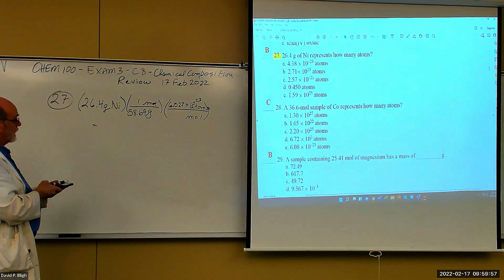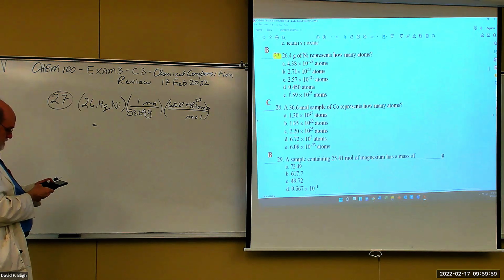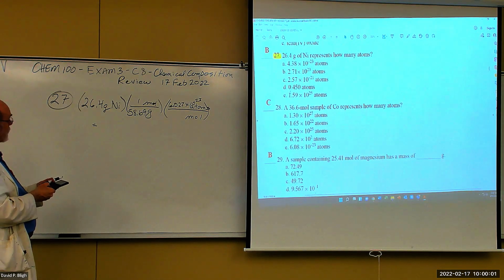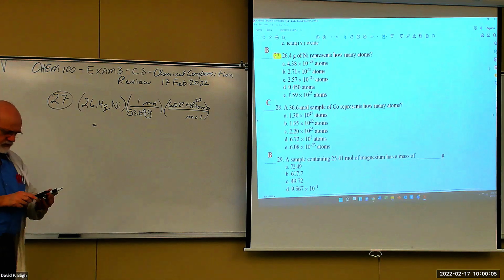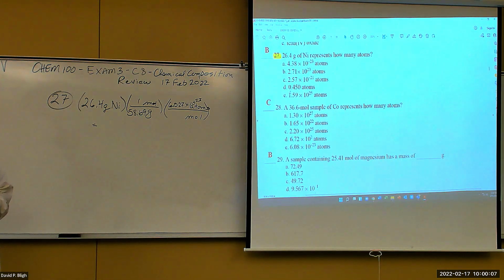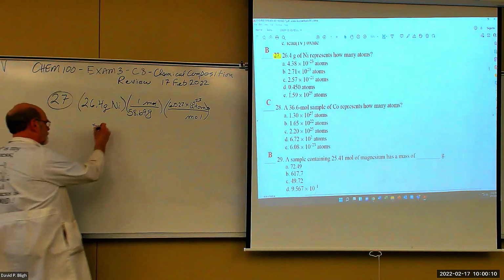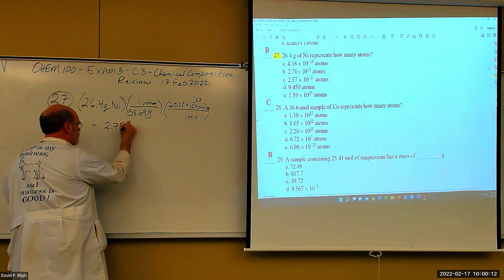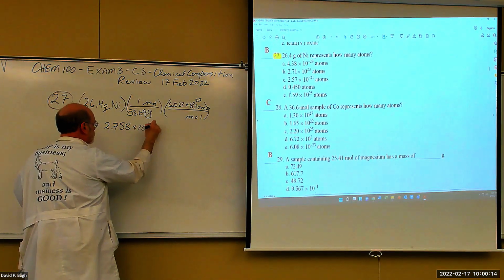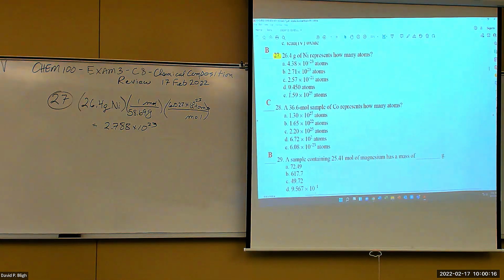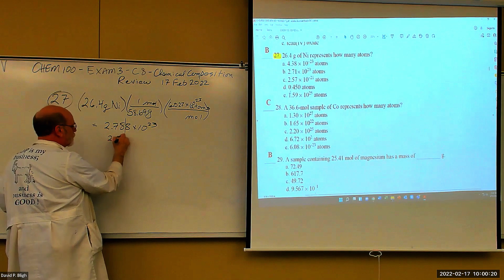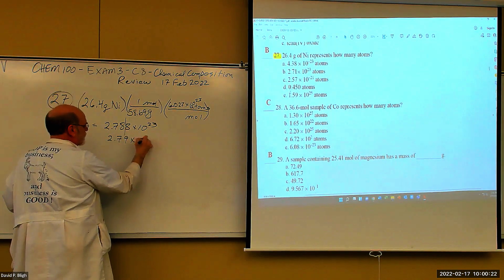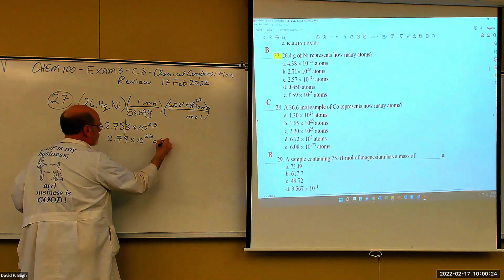And then divide by 58.69. So I get 2.788 times 10 to the 23rd, I believe. Yep. We can only keep 3 of those. Right? 2.79 times 10 to the 23rd atoms.